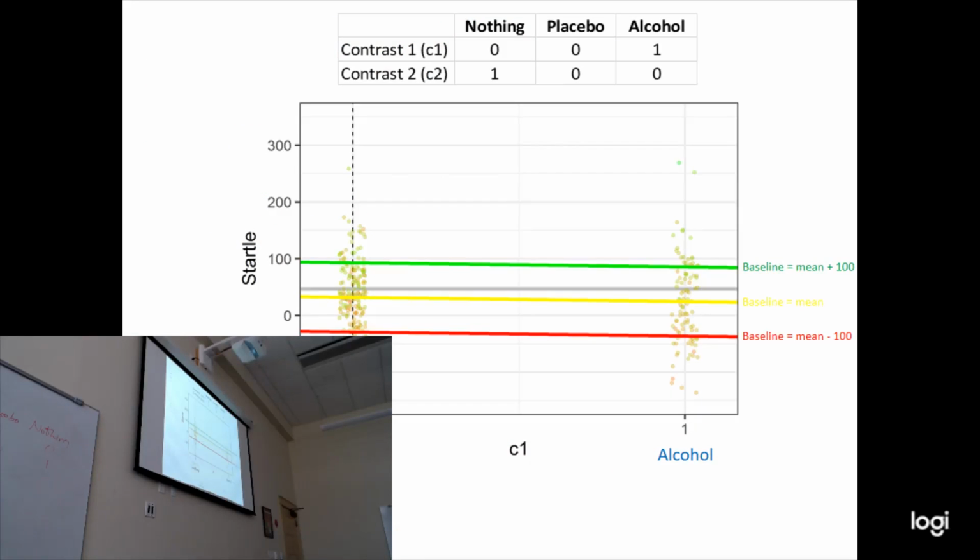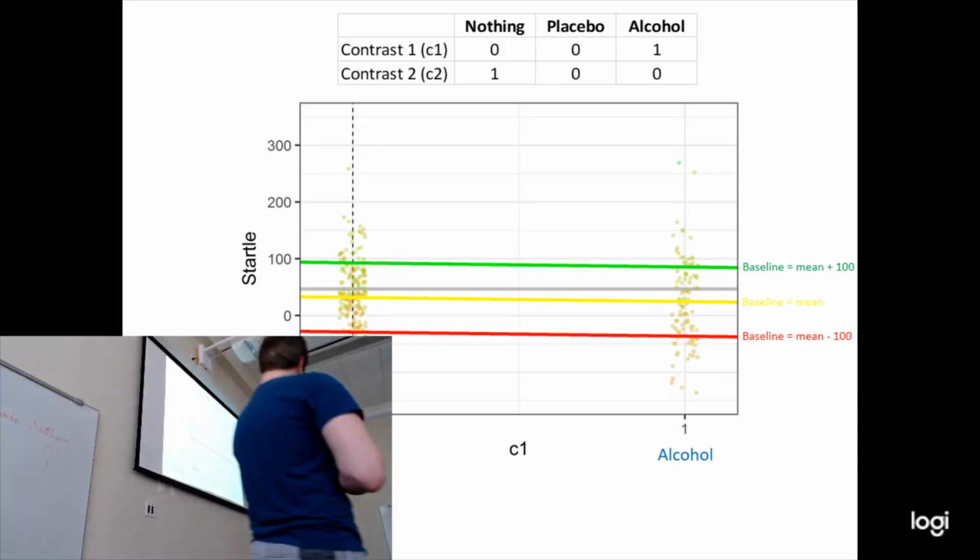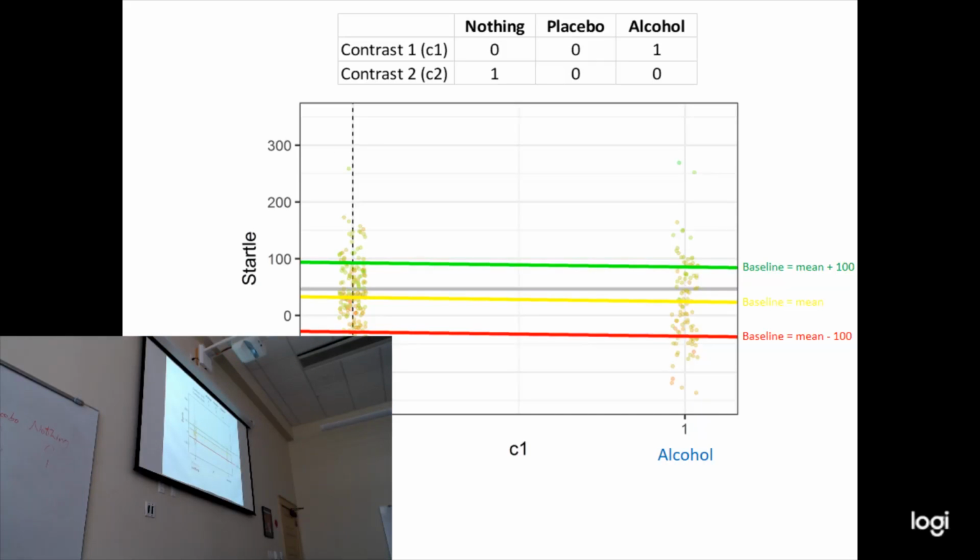Patrick, real quick. Yeah. Just trying to recap what you just said. We're looking at a specific amount of startle, the difference between placebo and alcohol group. Is that correct? Yes.